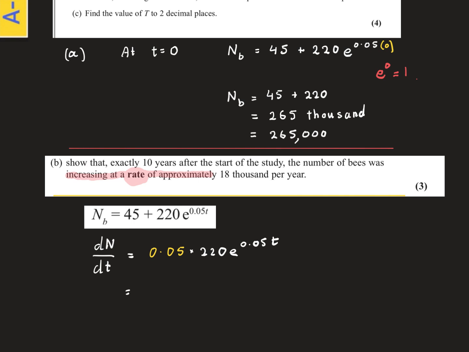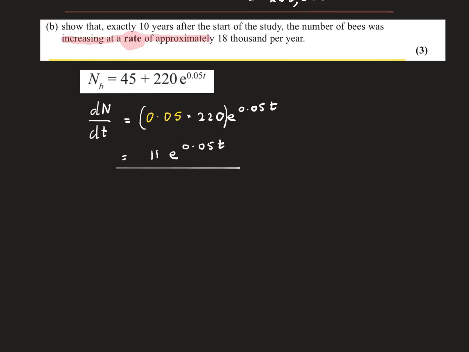When you multiply the 0.05 by 220, you will get 11 e to the 0.05t, and this is the rate.